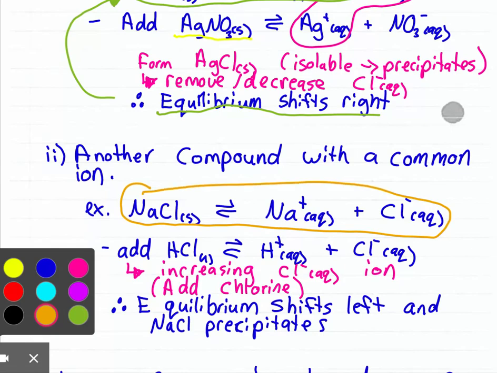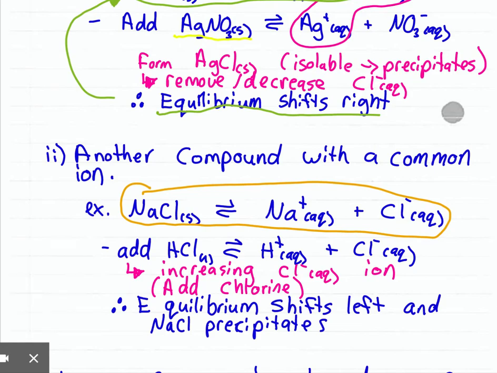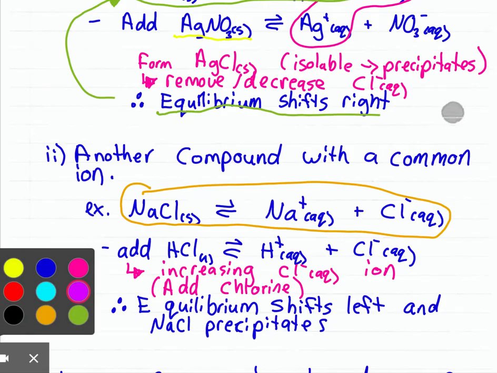And we're going to add hydrochloric acid. By adding hydrochloric acid, we know that it is going to dissociate into hydrogen ions and chloride ions. Now, there's no reaction happening here. There's no precipitate forming.